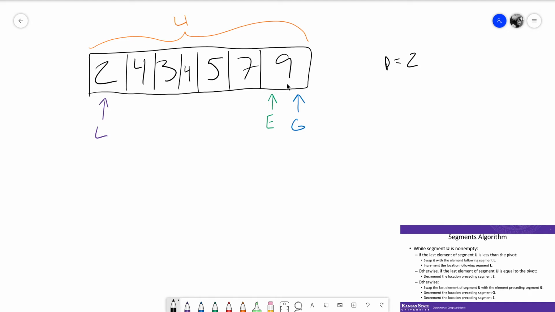It says swap the last element of segment U with the element preceding segment G. That is the element that we're on, so we're essentially swapping it with itself. 9 stays where it's at, but we do move segment E and G. E and G are no longer here.